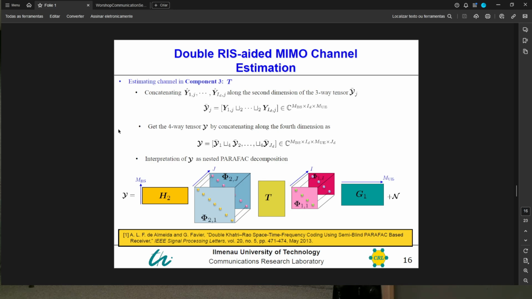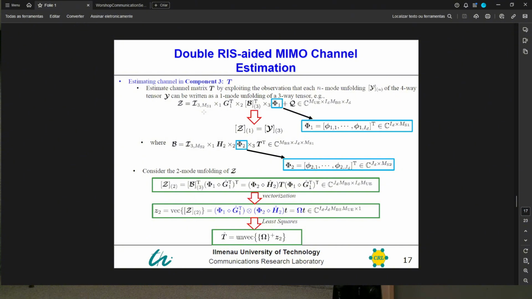So what we do is estimate this T using the fact that the n-mode unfolding of that tensor can be written as the one-mode unfolding of a three-way tensor. For example, for this tensor Z, the one-mode unfolding of that tensor is equal to the third-mode unfolding of this four-way tensor.